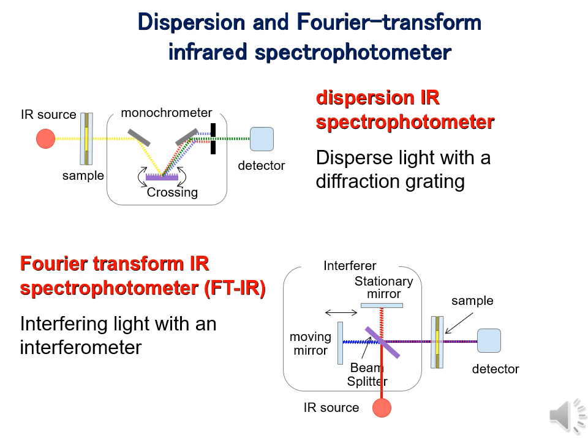There are three mirrors in the interferometer, called the beam splitter, fixed mirror, and moving mirror. The intensity of the interfering light caused by the optical path difference between the fixed mirror and the moving mirror is detected by the detector, and the spectrum is obtained by Fourier transforming it.